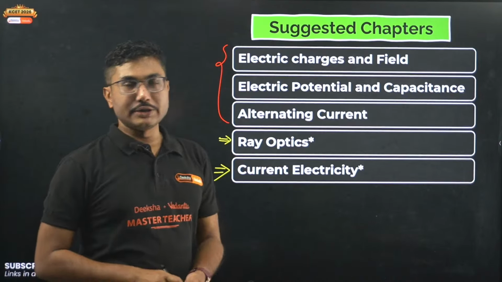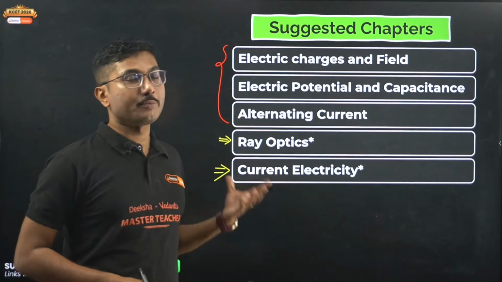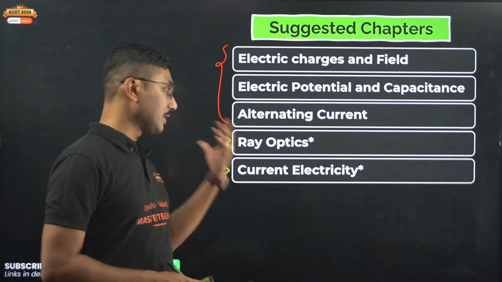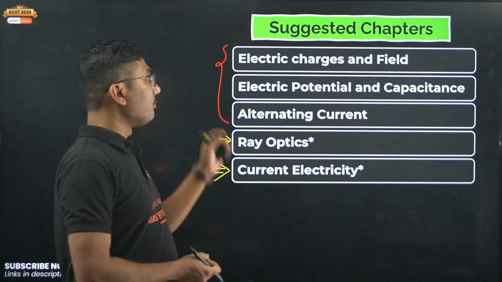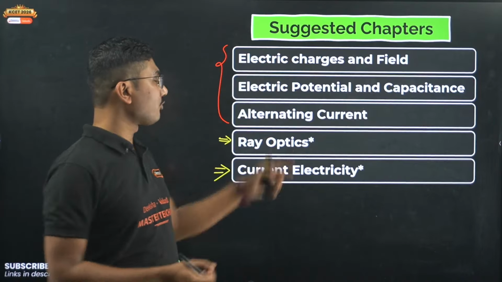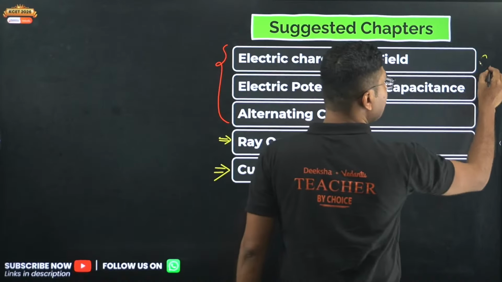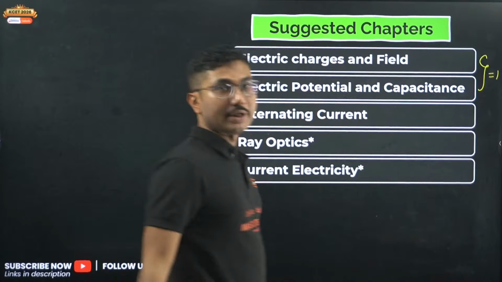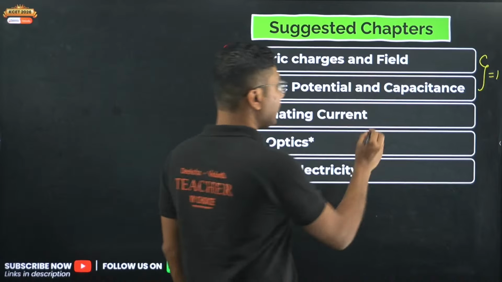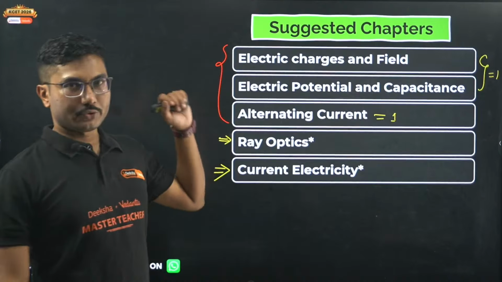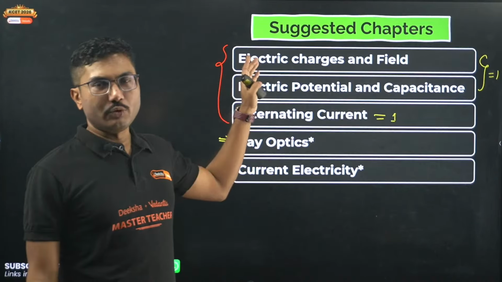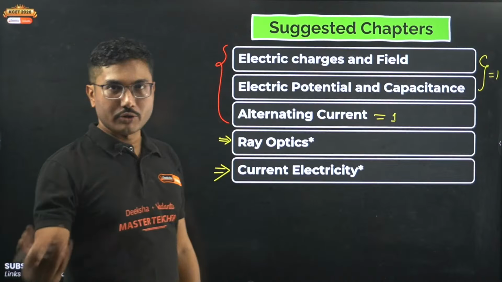These 2 should be your backup, not your main plan, because sometimes numericals from ray optics and current electricity can be tricky. So always rely on the other chapters. We are going to get 1 numerical from the first 2 chapters, and 1 numerical from alternating current. So you can answer 2 numericals easily if you practice some of the numericals that we are going to do today.